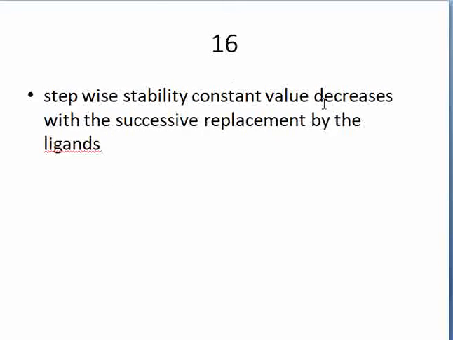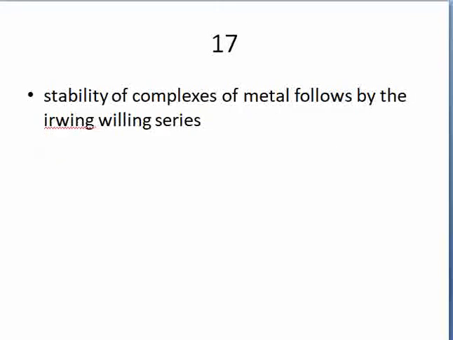Stepwise stability constant values decrease with the successive replacement of the ligands. When we add successive ligands to the metal, the stability constant value keeps on decreasing. Next one, the stability of the complexes of the metals follows the Irving-Williams series. The stability is also based on the Irving-Williams series.